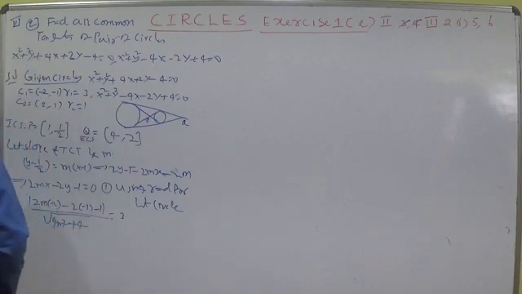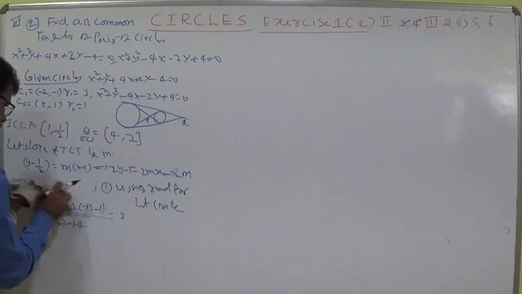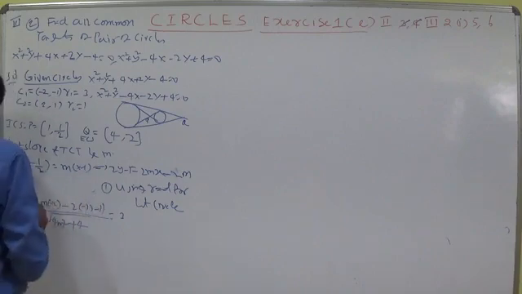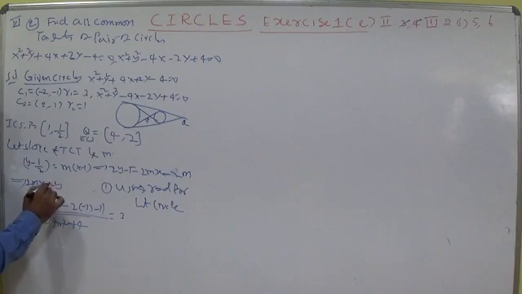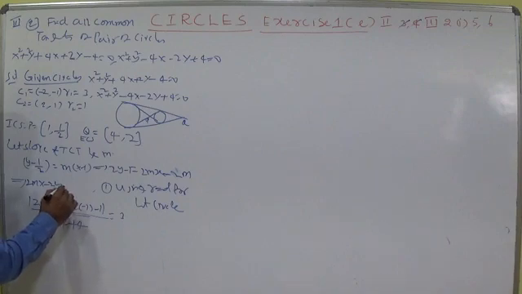You should not write like this; you should change here. It is 2mx minus 2y minus 2m plus 1.